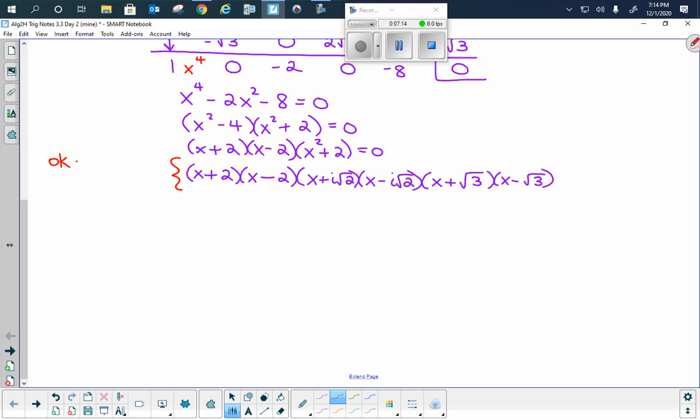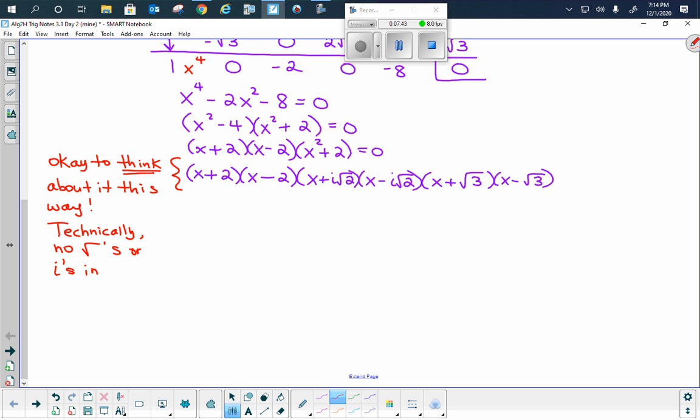This is okay to think about it this way. But one more time, I will say technically, there are no roots or i's in factors.